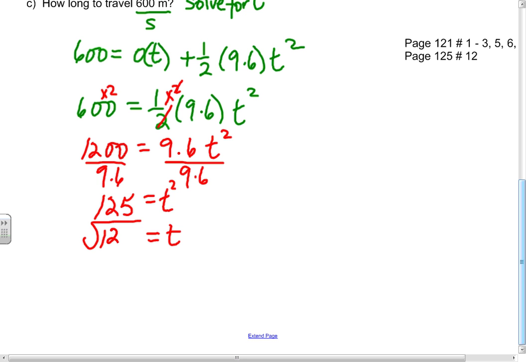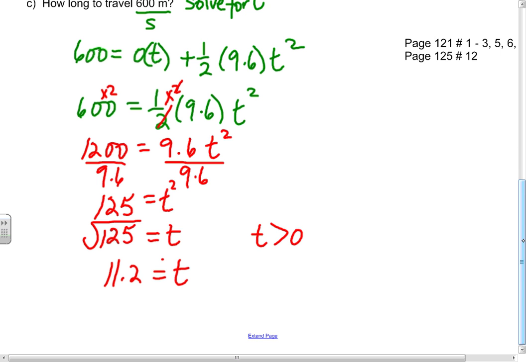And it makes sense in the problem that t would be a positive number, so I don't have to consider the negative square root. I just need the positive value. And I get 11.2. So in 11.2 seconds, he can go 600 meters.